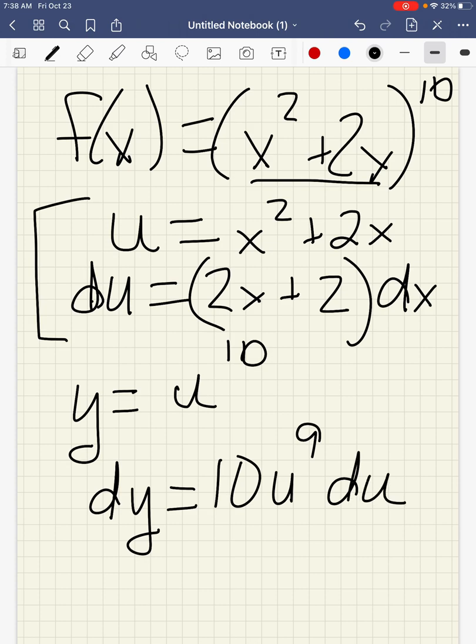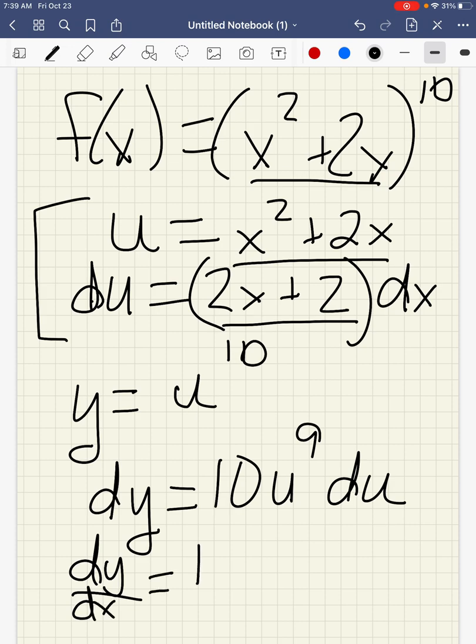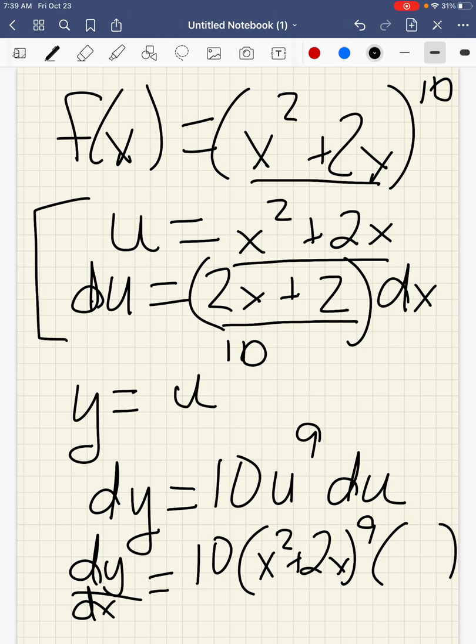And at this point, all we need to do is substitute back the u and the du, and we'll have dy dx is equal to 10 times (x squared plus 2x) to the 9th power times du, which is 2x plus 2.